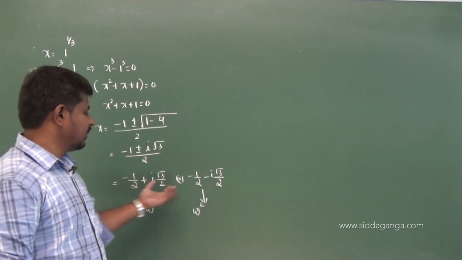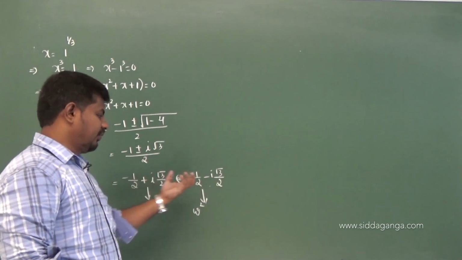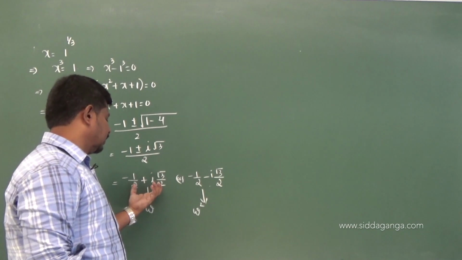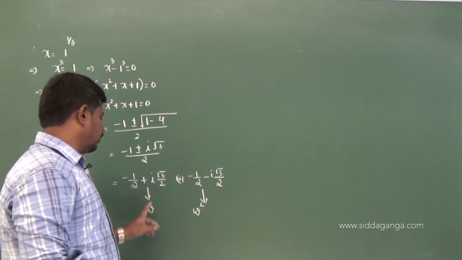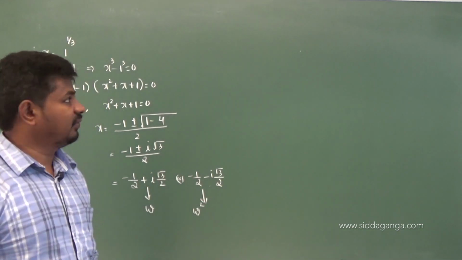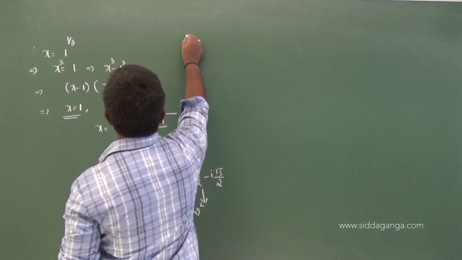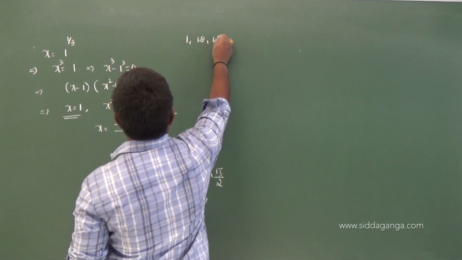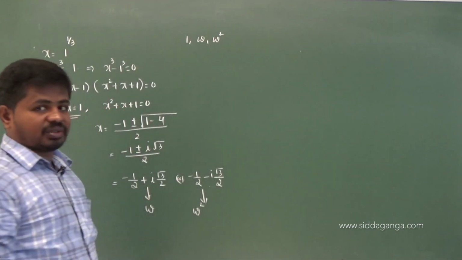Therefore, if I take one as omega, the other becomes omega square. Therefore, the cube roots of unity are given by 1, omega, omega square. These are the cube roots of unity.